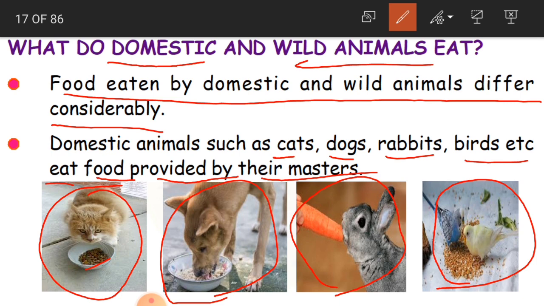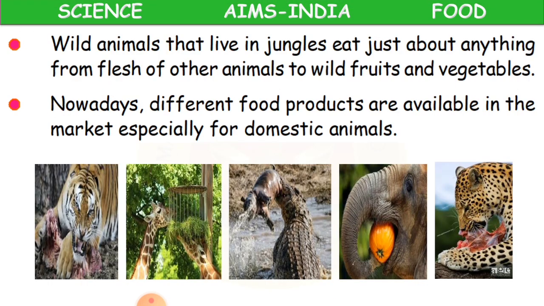Even for a dog also. For a rabbit, vegetables and all that. So according to their choice, we are going to give them the food. Okay, children, clear?